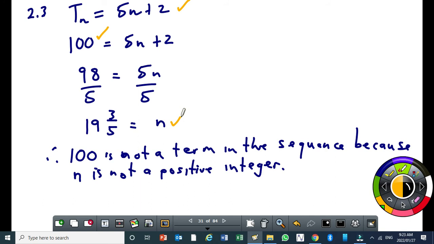Please take note, you must give a reason. You can't just say no. Okay? Why are you saying no? So the reason will be because n is not a positive integer, or you can say n is not a natural number.